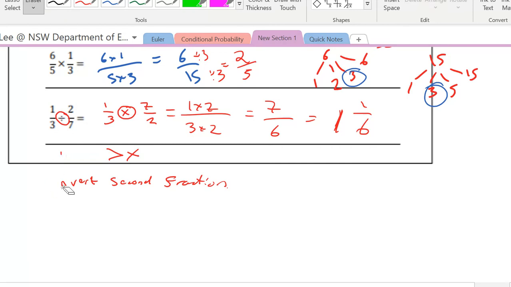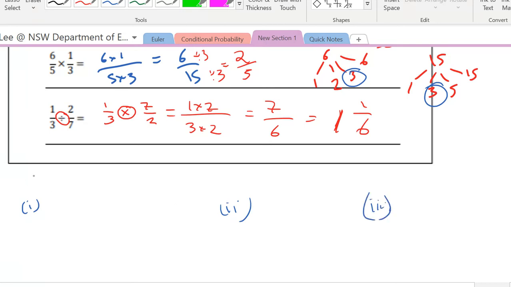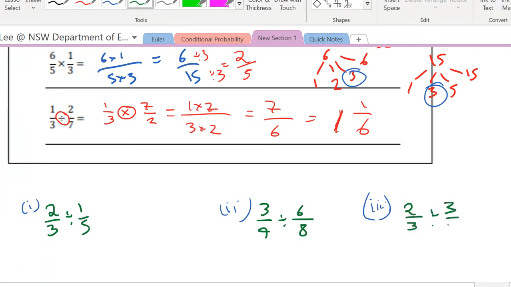Okay, so you have a go at dividing these 3 fractions for me, and that will conclude our video on fractions. Let's divide 2/3 divided by 1/5, 3/4 divided by, let's say 6/8, and let's divide 2/3 divided by 3/2.